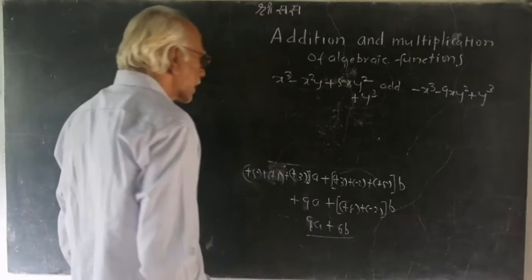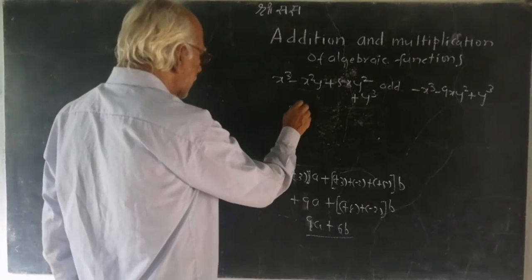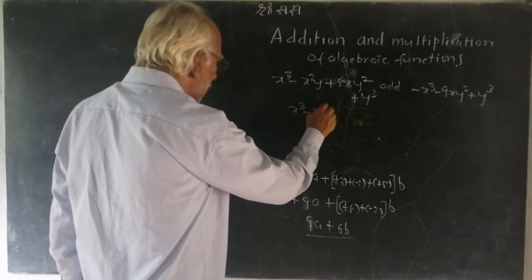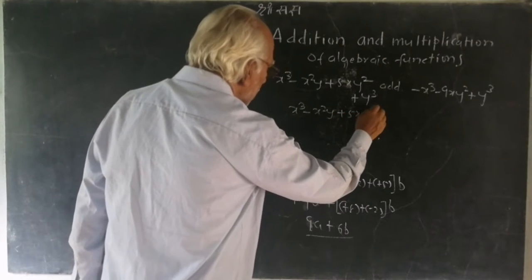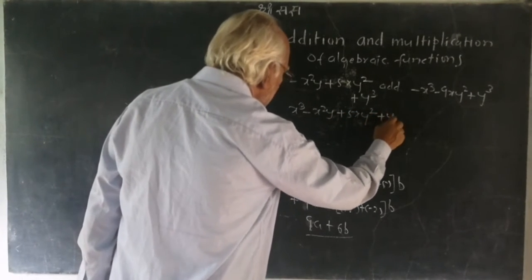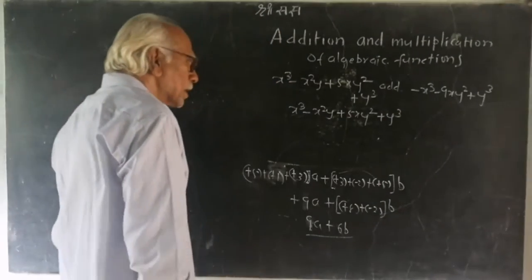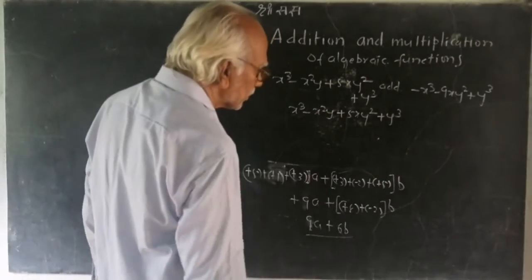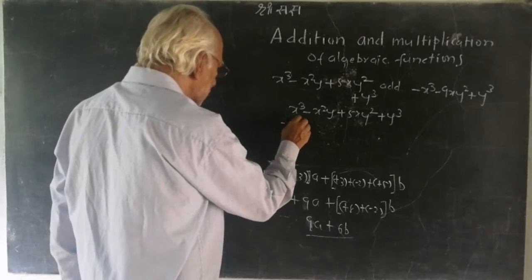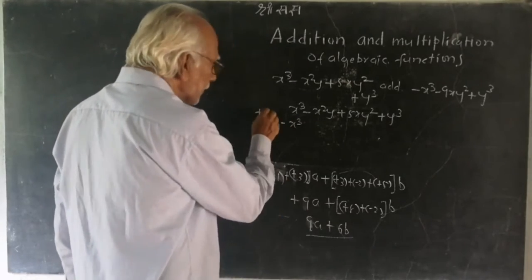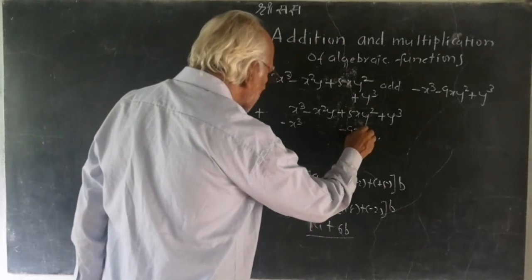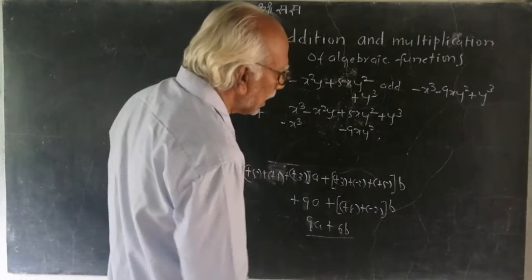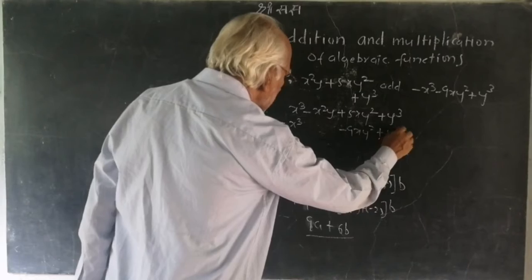See. Let us add these conventions. So we will be writing it x cube minus x square y plus 5xy square and then finally plus y cube. So now write down the like terms below. So here it is minus x cube, add, and then the second one is minus 9xy square, and finally we will be having y cube.